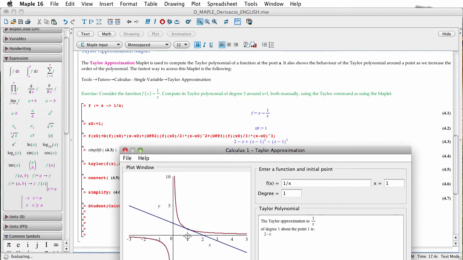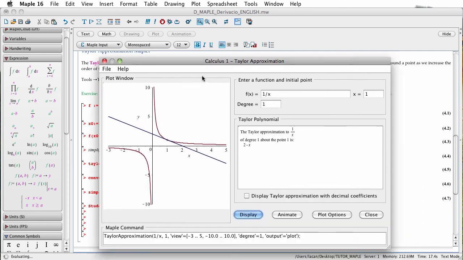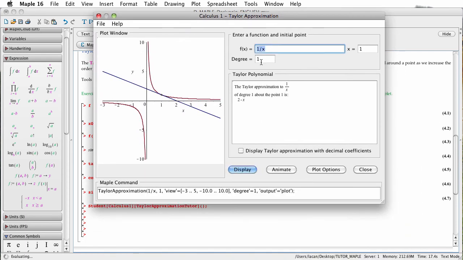You can see that this is quite close to the function, but if I increase the polynomial, you see that every time I increase the polynomial, the function and the polynomial are closer, around 1. Far from 1, they are not the same. So this polynomial is closer to the function around the point.